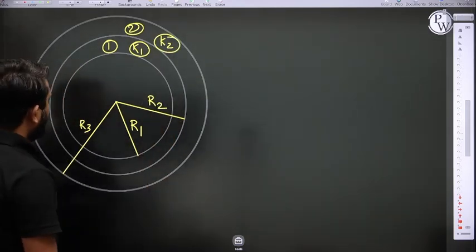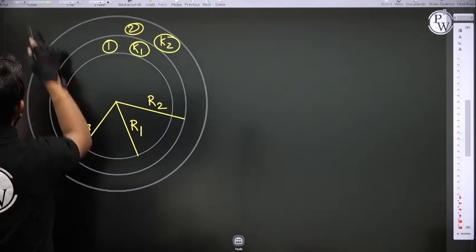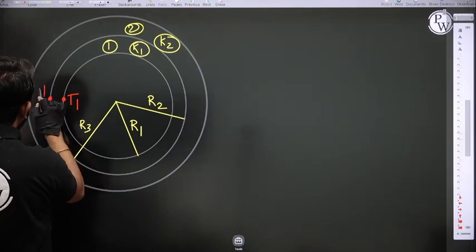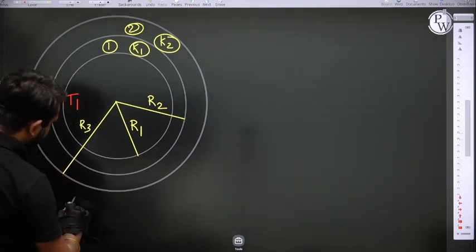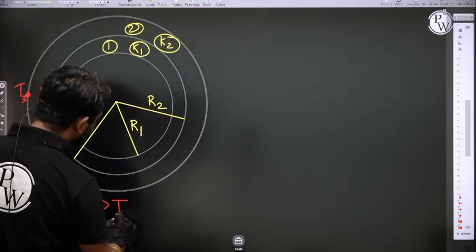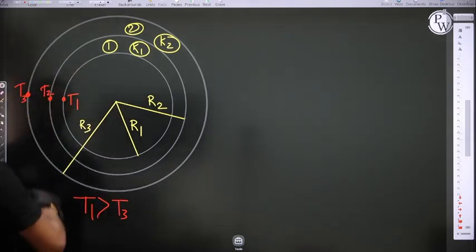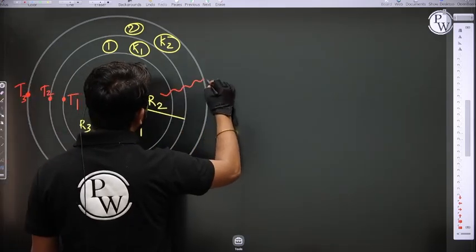And at R equal to R1, the temperature is T1. Here the temperature is T2, and here the temperature is T3, right? And T1 is greater than T3. I want to find out the rate of conduction heat transfer from this composite cylinder.